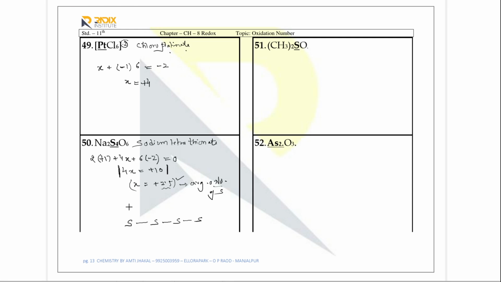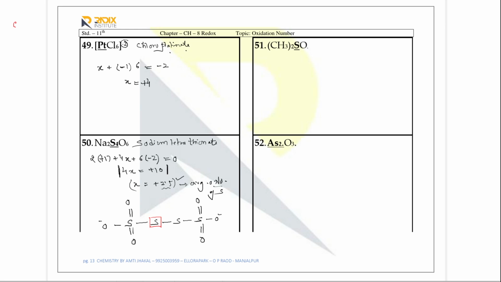There are 4 sulfur, and 2 sulfurs are attached to an oxygen through a double bond, and also attached to 1 oxygen by a single bond. Got it? Now in this case, on the left there is sulfur, on the right there is sulfur.